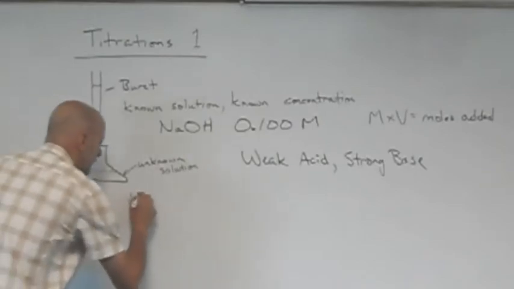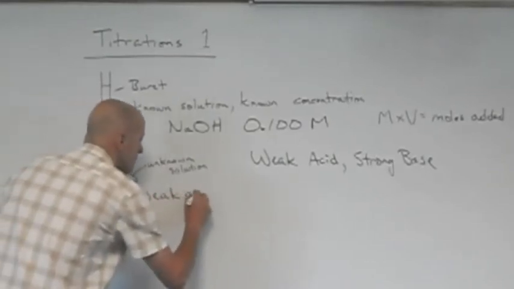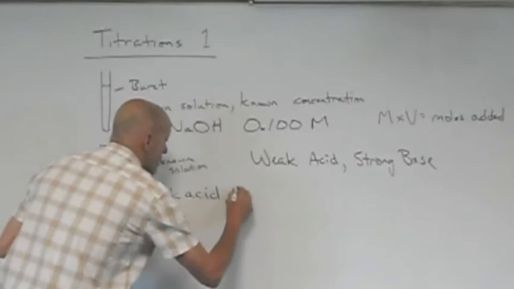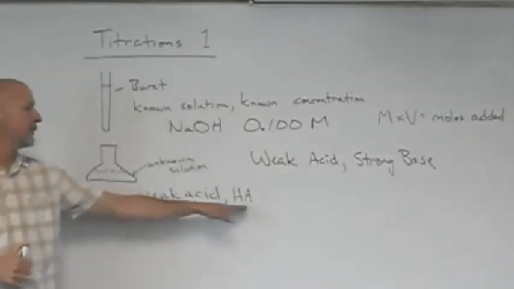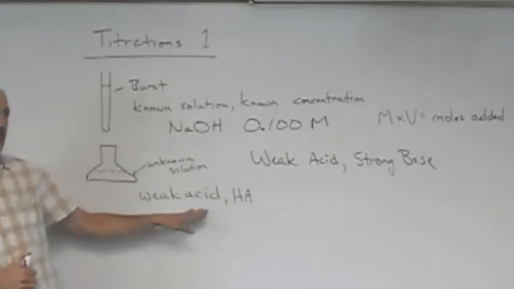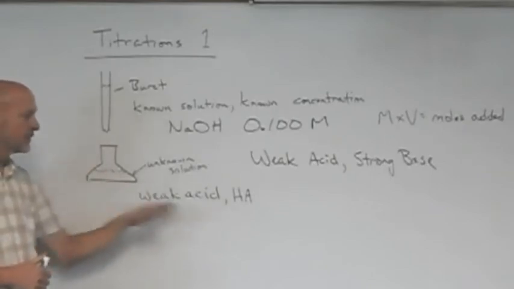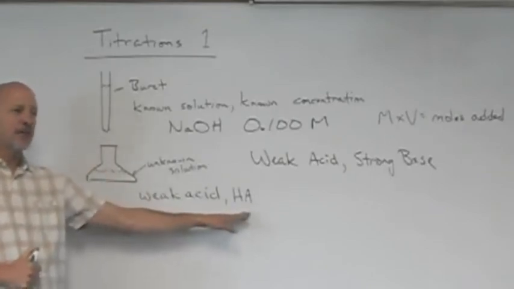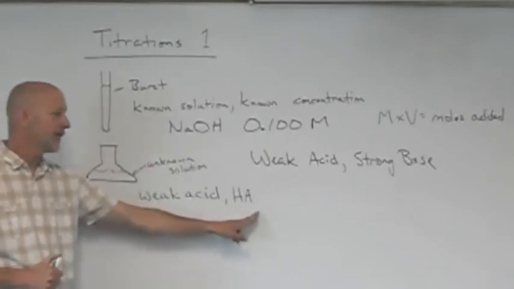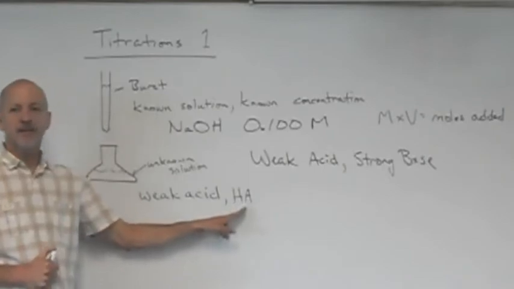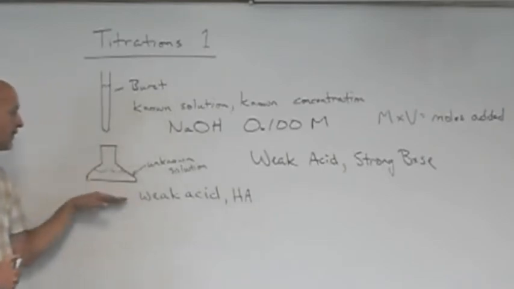So I'll put a weak acid, HA. Now what might be unknown about this acid, maybe the concentration is unknown. Maybe I've got a mixture and I'm trying to find out how much HA is in there. Maybe I don't even know what acid it is. I know I've got some kind of weak acid, but I'm trying to find the identity of this acid. So I put my unknown in here.